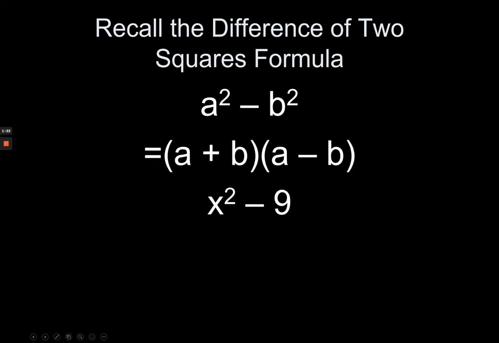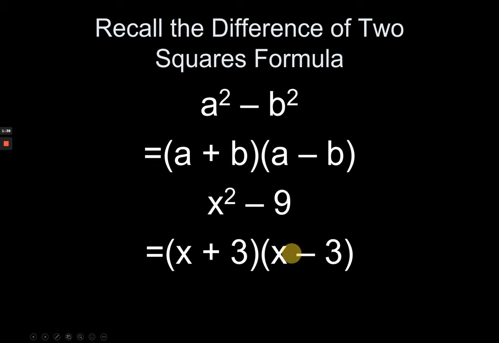And so if you have a problem, which is the difference of two squares, x squared minus 9, both are perfect squares. x squared is x times x, 9 is 3 times 3, so following the formula, you have x plus 3 times x minus 3. And this is the factor of x squared minus 9.